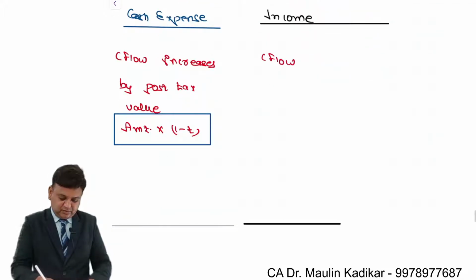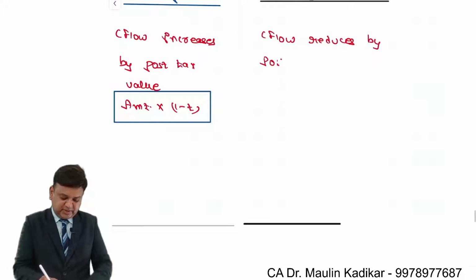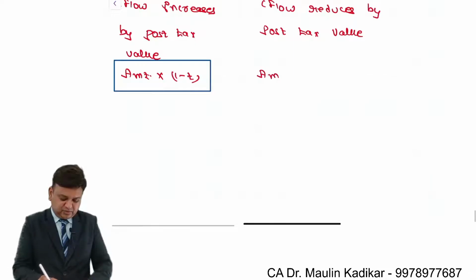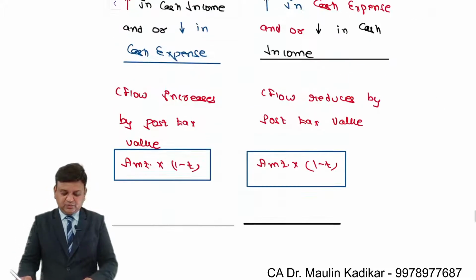Cash flow reduces by post-tax value. It is amount into 1 minus tax rate. This is what we understand.